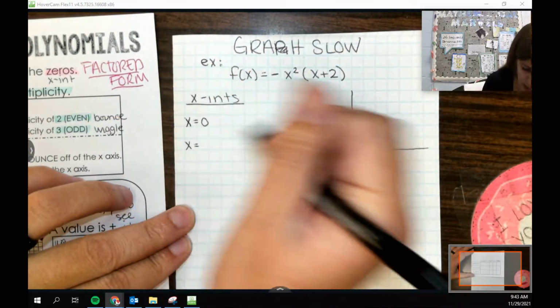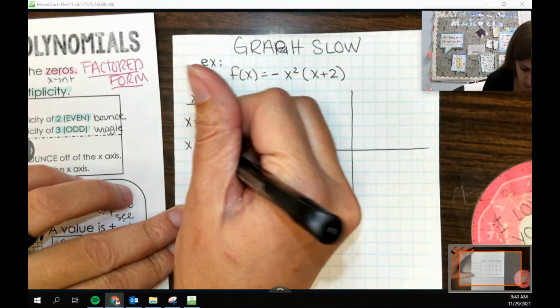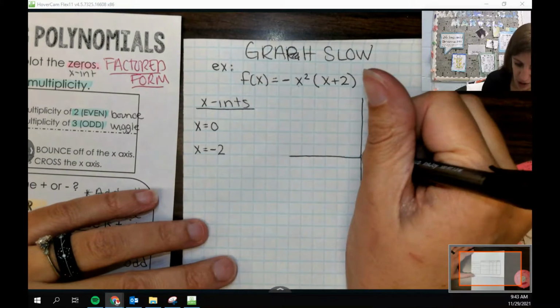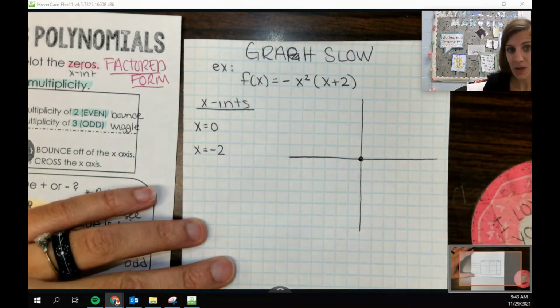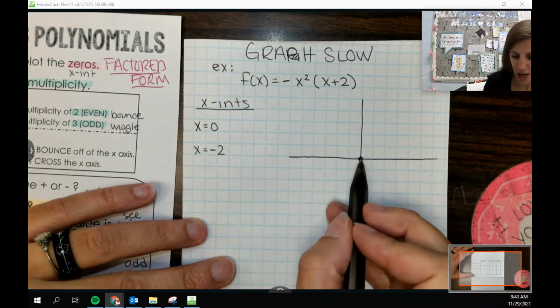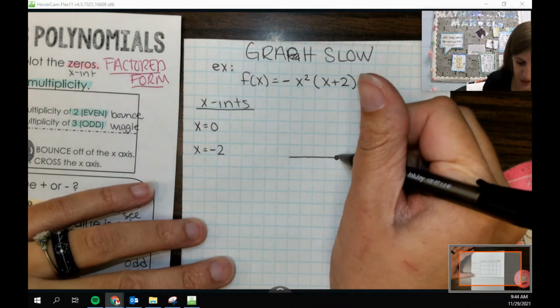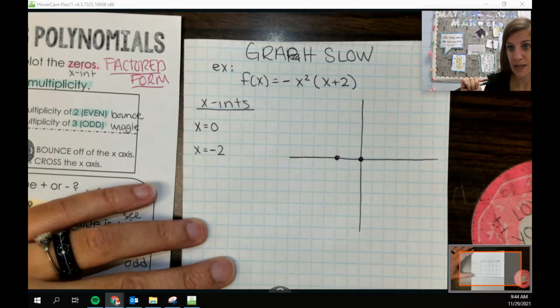The next one that I notice is a negative 2 because inside parentheses we're going to take on the opposite thing. Then we can go plot those. So the only spots on my graph that I'm going to be allowed to touch the x-axis are at 0 and also at negative 2. You are not allowed to touch this line anywhere else. Those are the only 2 spots that they touch.